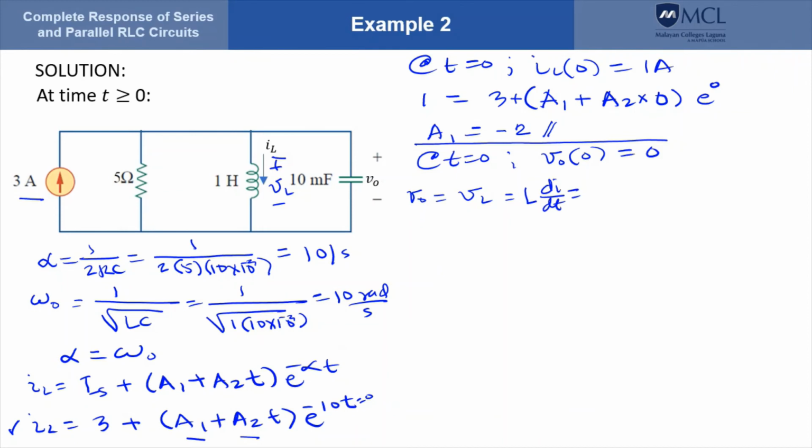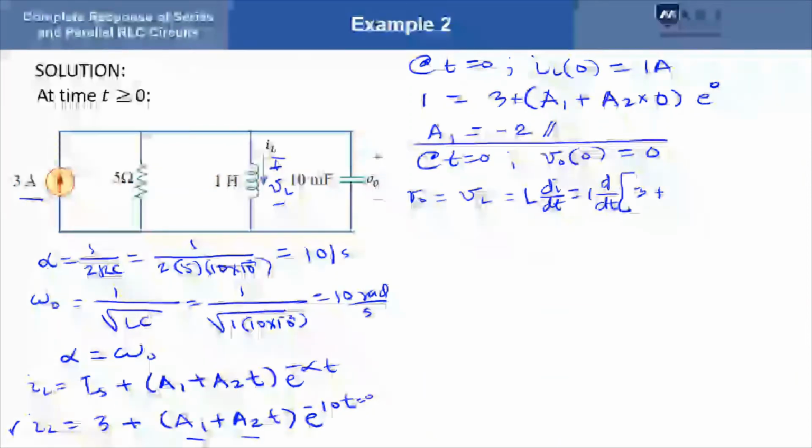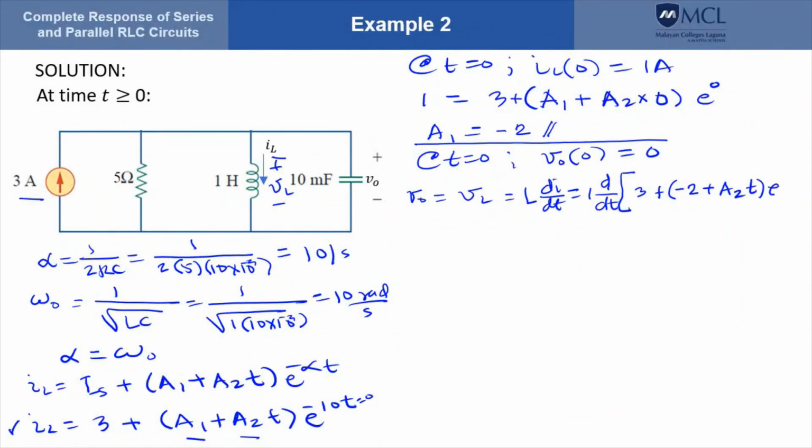So therefore we have 1 times the derivative of I. So I is 3 plus A1, and we already know A1 is negative 2, plus A2 t e to the minus 10 t.